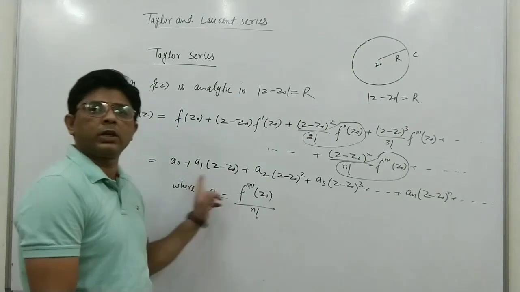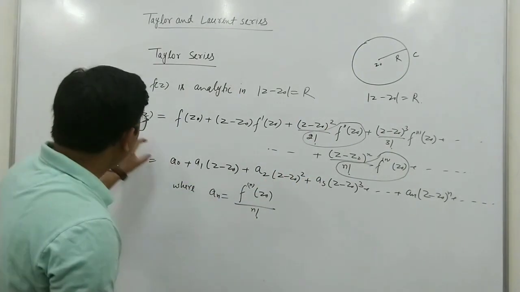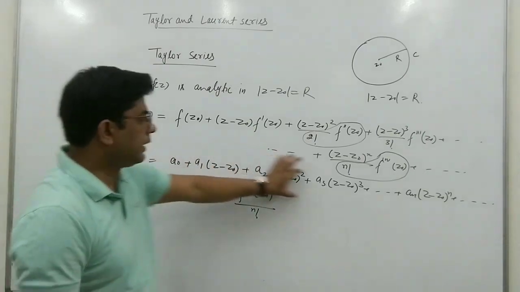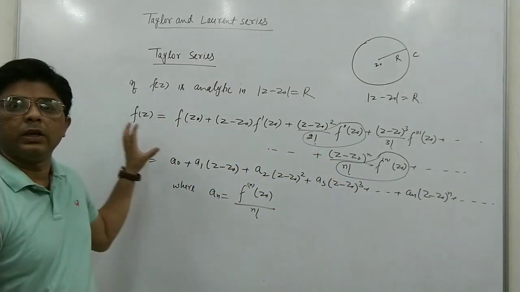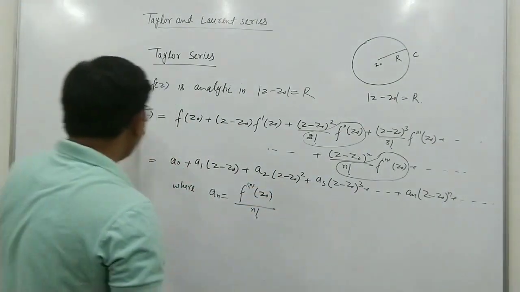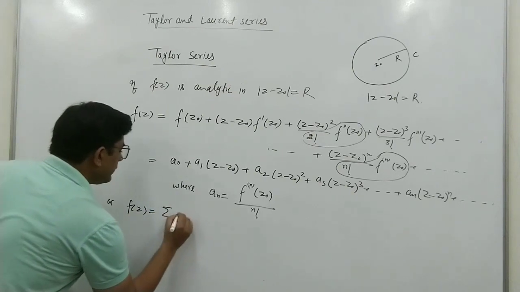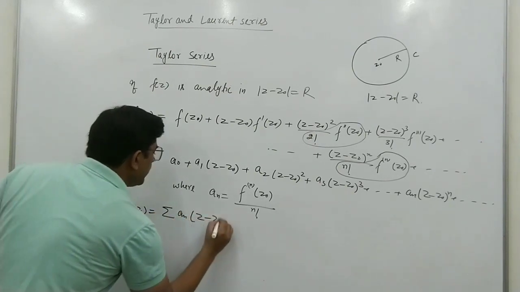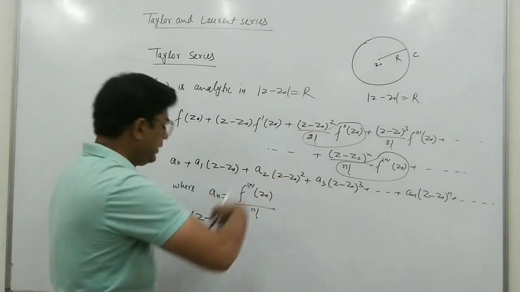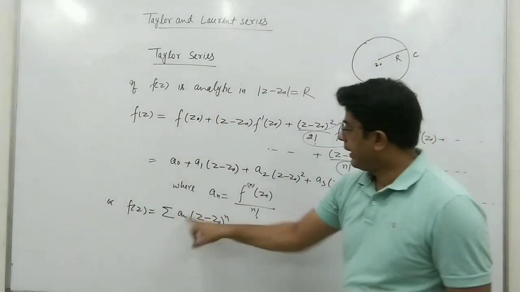So we can find all a0, a1, a2, a3 by using this expression. So we have written f(z) in this form. It means this is a power series, because we can write f(z) in short as summation an (z minus z0) to the power n, where an is this.